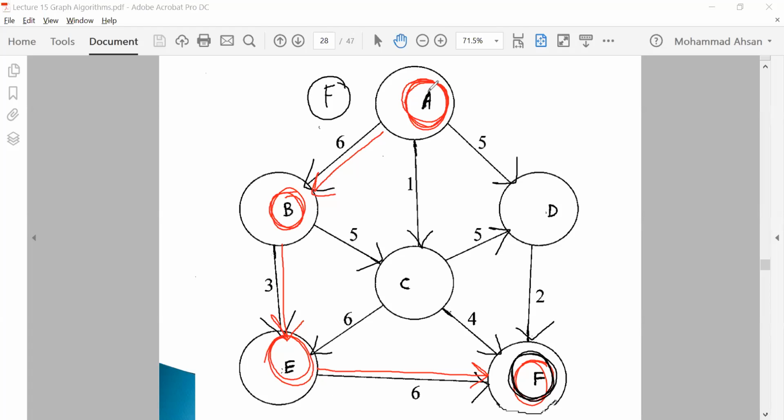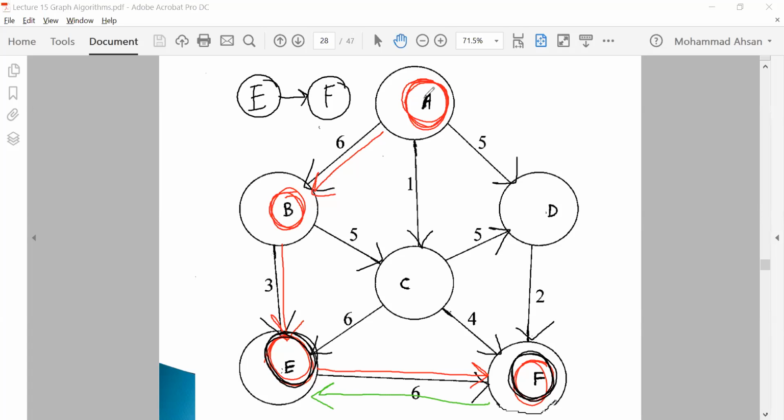From F, I backtrack to E. From E, there is no outgoing edge other than the one I already traversed. So E becomes black, and I insert it at the beginning of this linked list. So the linked list looks like this.